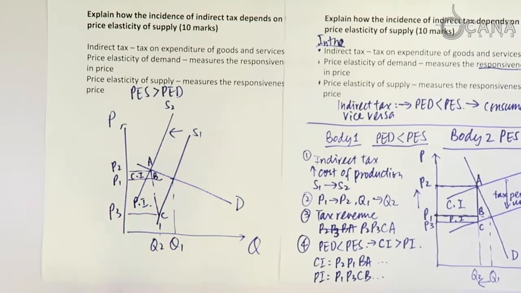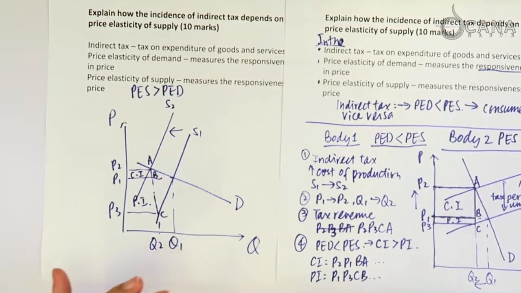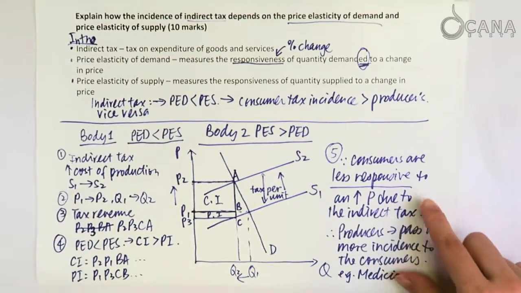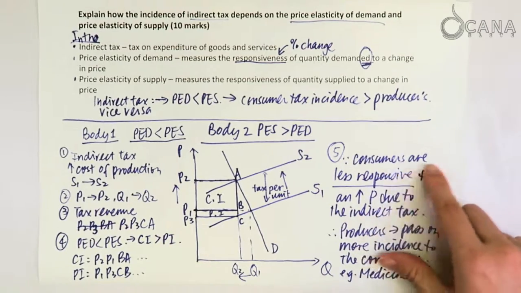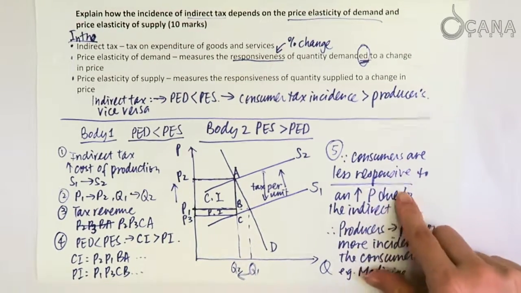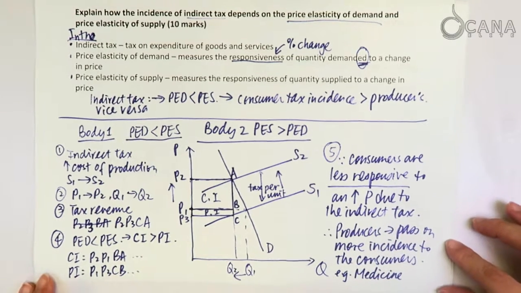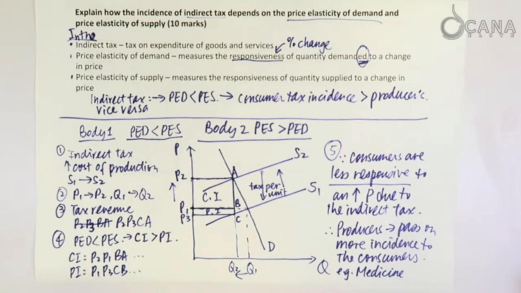We just have to flip the last bit over, which is that consumers are more responsive to an increase in price due to the indirect tax imposed, so that producers can pass on less incidence to the consumers. And we can think of a real life example. For example, manufactured goods. That will help to include all the aspects that the examiner would look for in the essay.